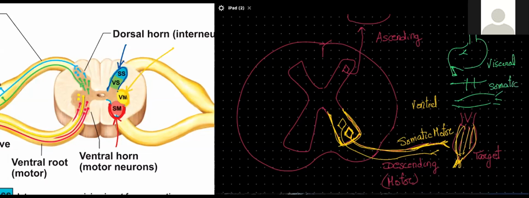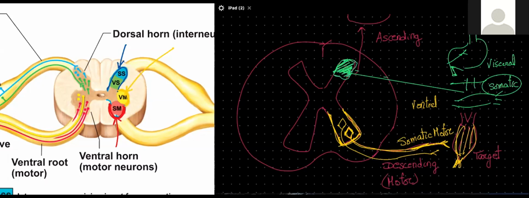So the receptors detecting different sensations here will be conducting their signals towards, this time, not the ventral root of the gray matter. They will be conducting their signals towards the dorsal root of the gray matter. The somatic sensations will be conducted to the posterior part of the gray matter of the spinal cord.